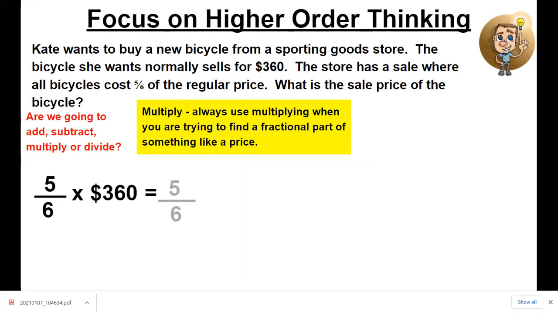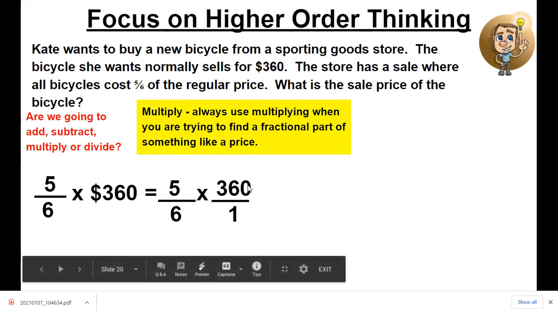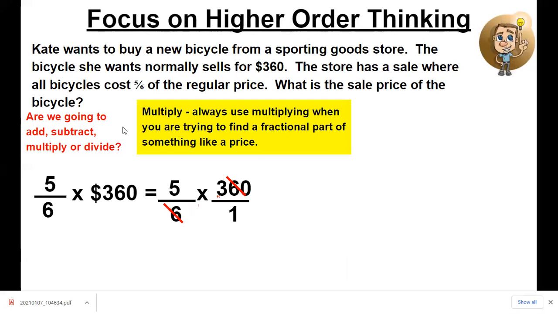We're going to rewrite that as 5/6 times 360 over 1. I notice that I can cancel a 6 into this 360 nice and easily, right? So 6 will go into 36 6 times, and then there'll be a 0, so it's going to be 60. So 60 for that and 1 for the 6, and then I multiply 5 times 60 on top and 1 times 1 on the bottom.